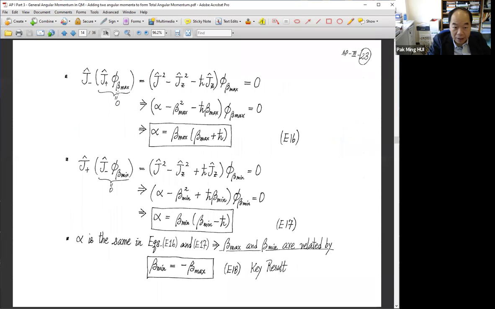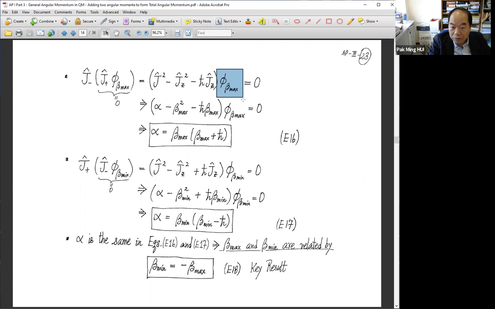And we know the answer is 0, because this is defined to be 0. But on the other hand, we have J minus J plus being these three terms, and it operates on the highest Z component eigenstate. And now something interesting comes out.